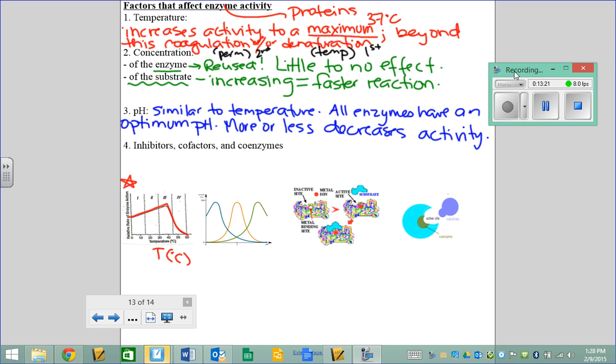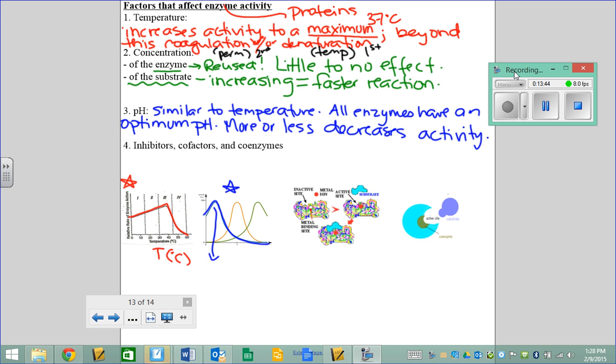So I put a little illustration at the bottom, this one right here, that shows that not every enzyme has the same optimum pH. Some enzymes, like the one on the left, have a spike really close to the edge. That means that when the pH is really low is when they work their best.